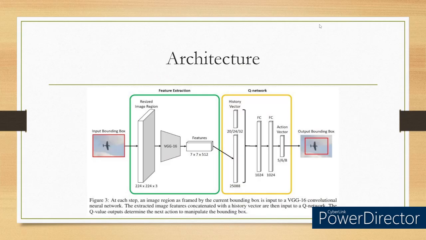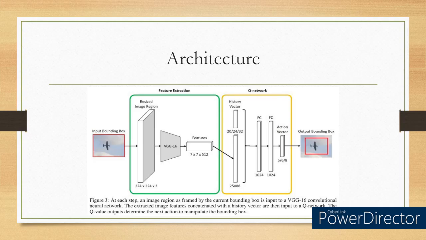In the architecture, both the zoom stage and the refinement stage follow the same structure. They take the image and the current bounding box as input, which are then fed into a VGG16 convolution neural network. The extracted image features, concatenated with the history vector, are input to the Q network.